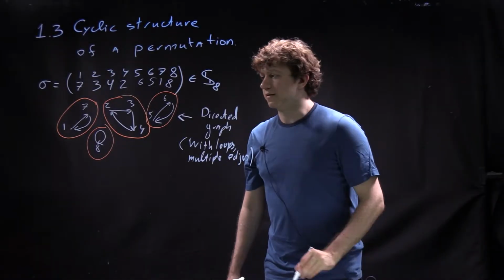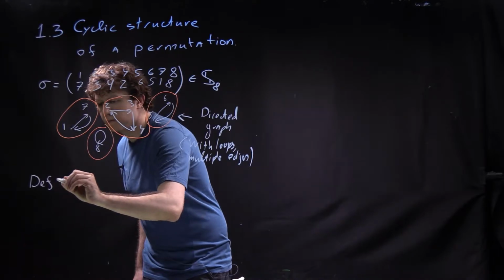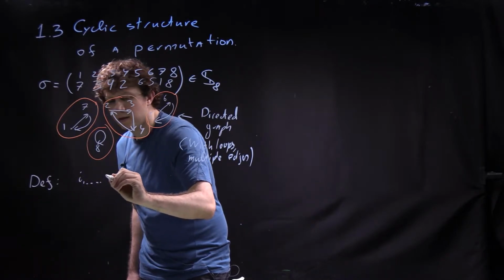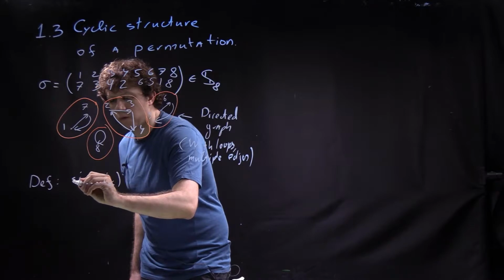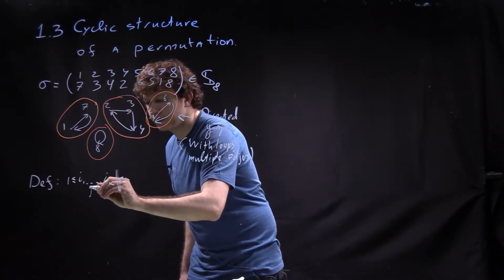So let's define cycles. Definition: consider a certain collection of indices I1 up to Ik from 1 to n, where these indices are distinct.